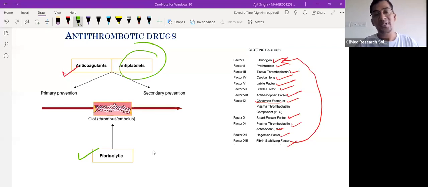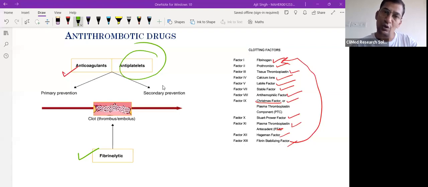In almost all cases antiplatelets are prophylaxis, stopping further or new clot formation.